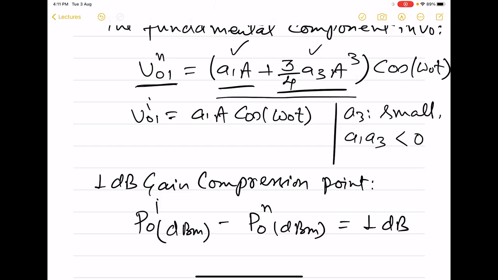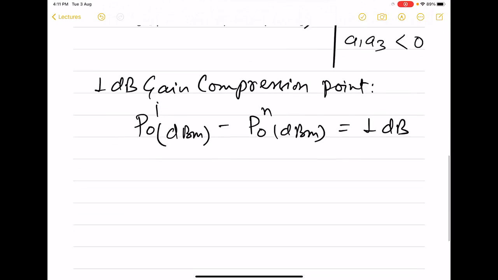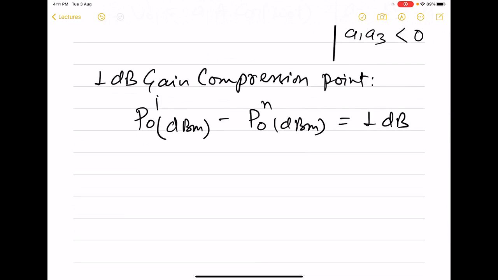So now we will try to find out what is this point. So first we will have to find out the power associated with the fundamental for the ideal case, and then for the non-ideal case, and then implement this equation 2.